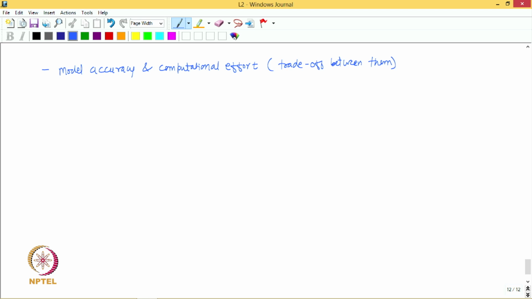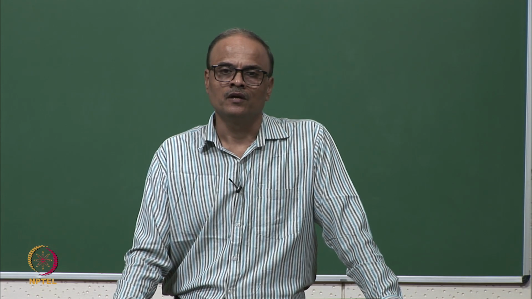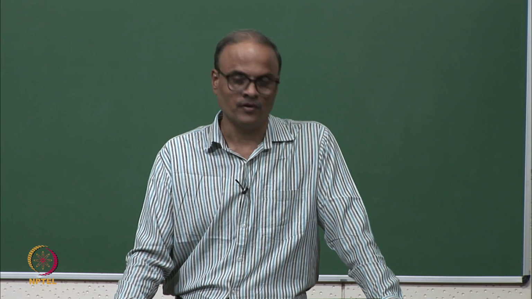The other thing is that the model is not unique. That is another important thing to note, because we saw that depending upon the purpose and accuracy that is required, we can make different models.